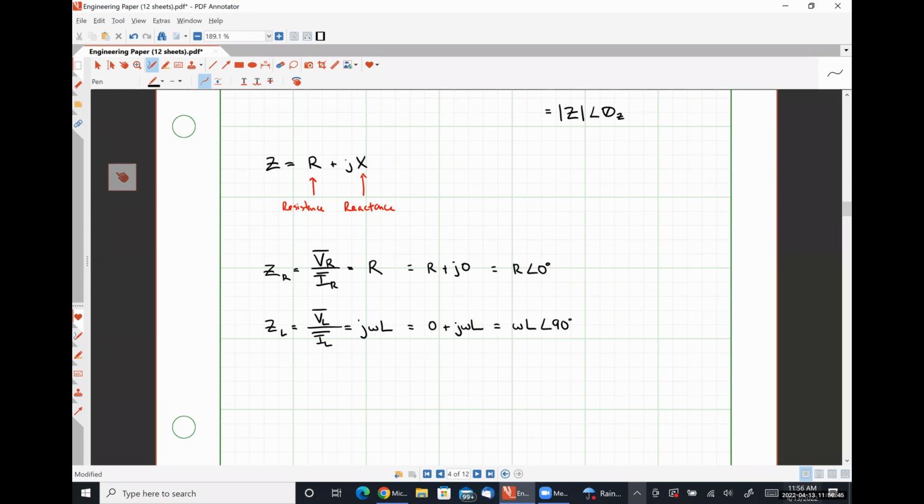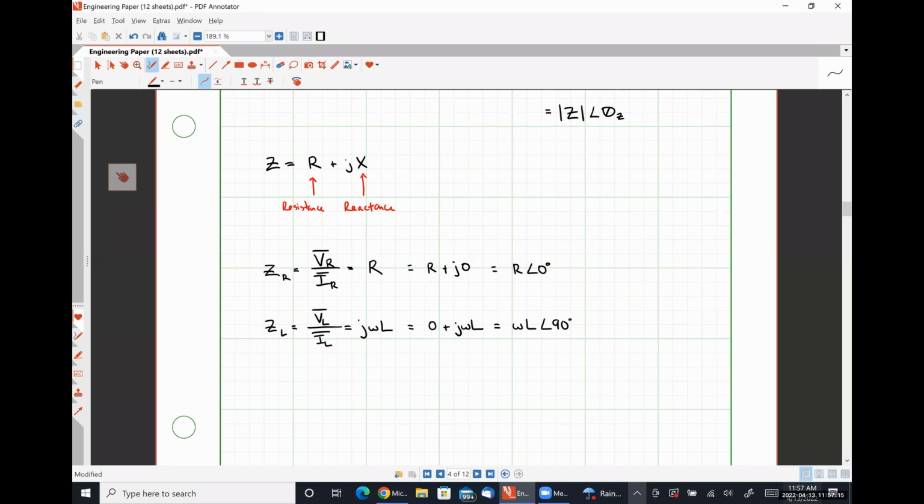Okay. Now, this is only true for an ideal inductor. If we wound a section of wire up into a solenoidal coil, or we wound it around a toroidal core to form a toroidal inductor, we would find that the inductor actually exhibits some small amount of resistance as well.